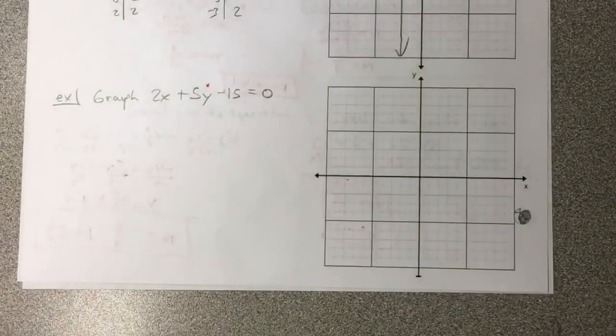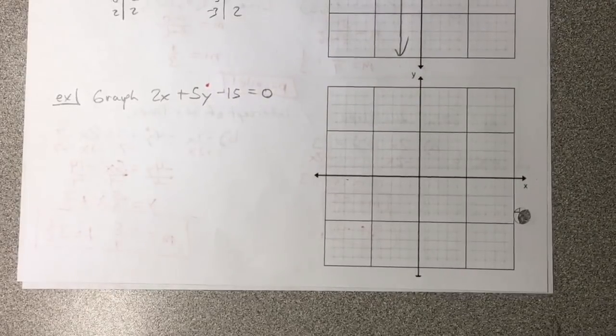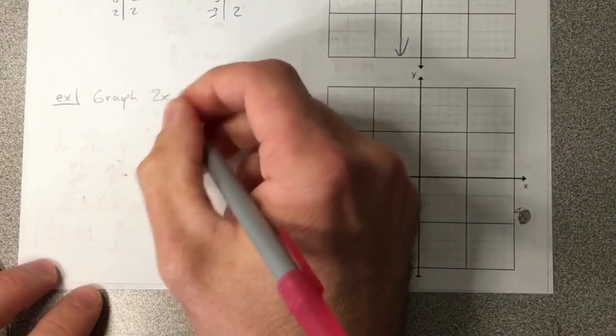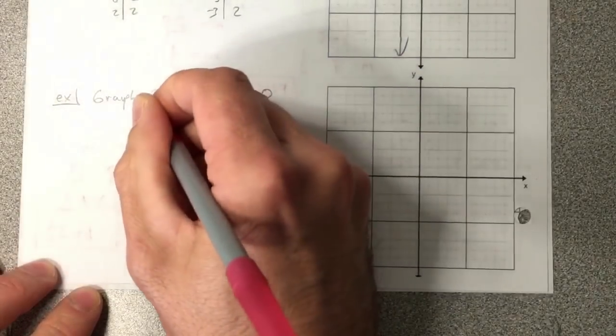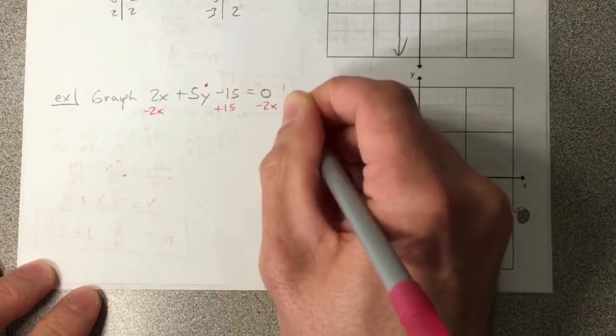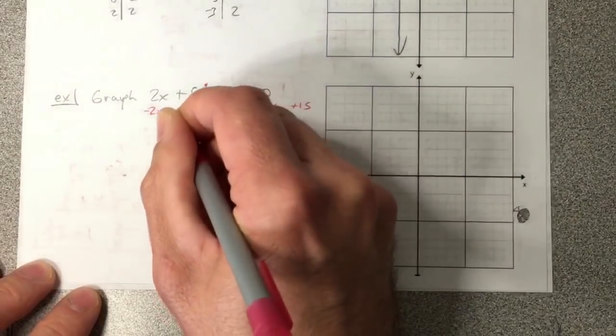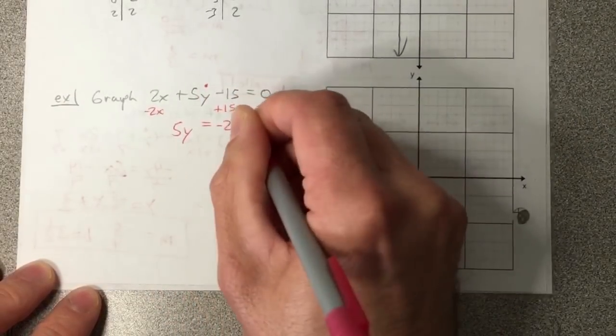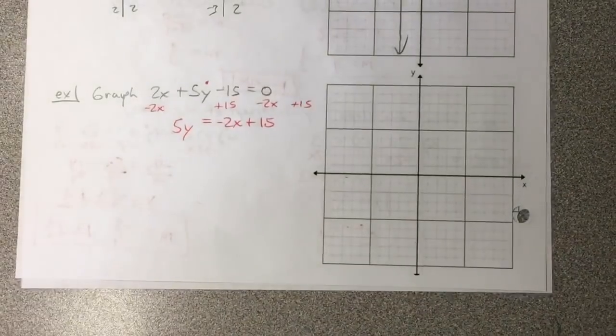We'd like to get y by itself. I could divide by 5 first, but I have to remember to divide everything by 5. I'm instead going to get rid of the things that are being added and subtracted. So I'm going to subtract 2x, move it over. I'm going to add 15, move that over. And I'll get 5y is equal to -2x plus 15.